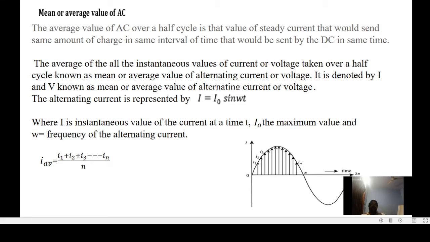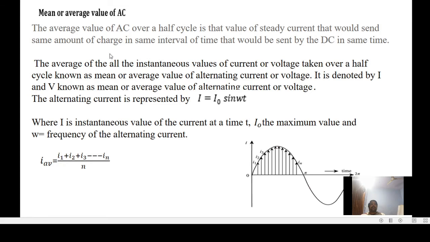Therefore, we define the average value of AC over a half cycle. The average value of AC over a half cycle is that value of steady current that would send the same amount of charge in the same interval of time as would be sent by the DC in the same time.